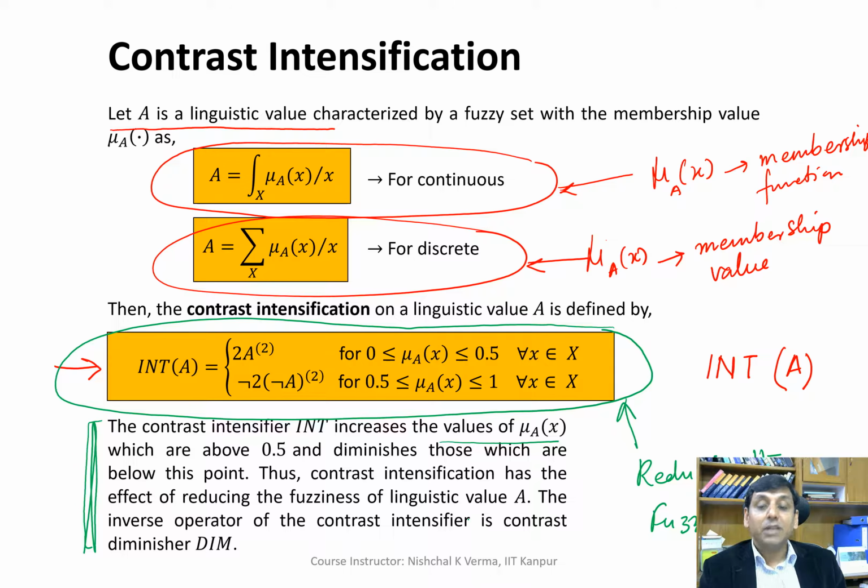The inverse operator of the contrast intensifier is also used, and this is called the contrast diminisher, which is represented by DIM, D-I-M, and as already mentioned, it is the opposite of the contrast intensification.